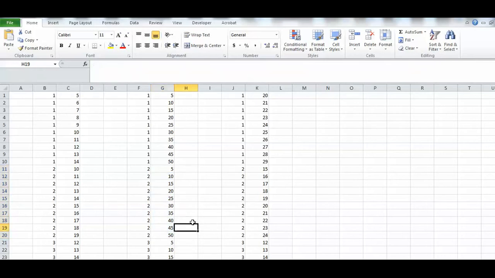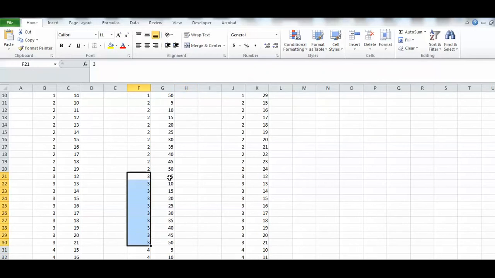And what about these 10 people with 3 children? They have the same hours per week, going from 5 up to 50. So we can see so far that the people with 1 child, the people with 2 children, and the people with 3 children are all working the same number of hours per week overall.